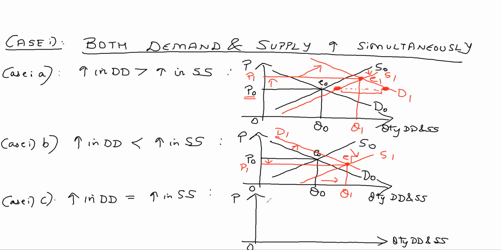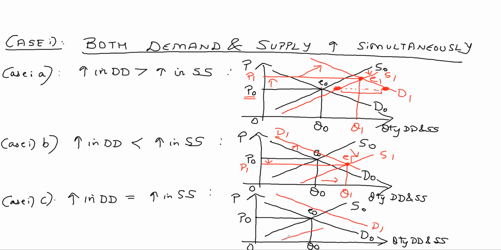And guys, if both demand and supply are shifting by the same magnitude, this is E0, P0, Q0. Suppose demand and supply both shift, increase in demand exactly equals the increase in supply.